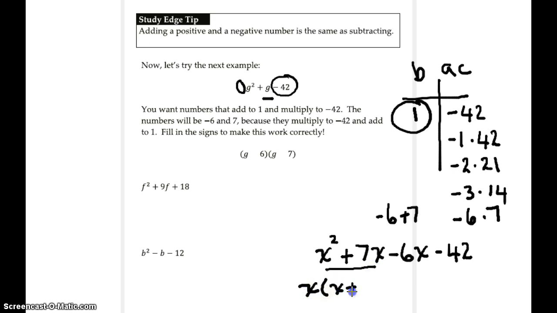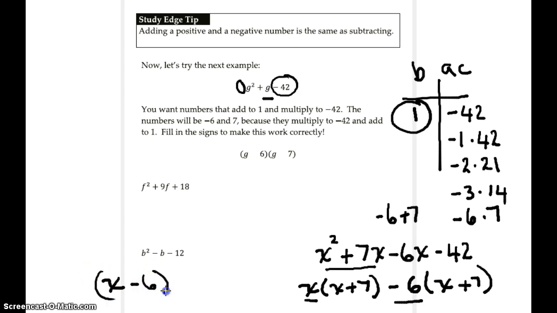X times x plus 7 minus 6 times x, negative 6 plus 7. Negative 6 times 7 does give me negative 42. And then I finally rewrite it, x minus 6 times x plus 7. Okay?